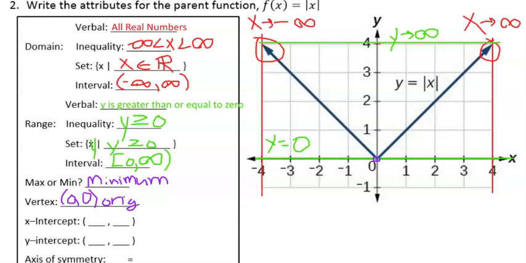And for the parent function of an absolute value, the x-intercept and the y-intercept are also the origin, (0, 0). Remember that. All three of them are the same for this parent function. And your axis of symmetry is the line that goes through the vertex.